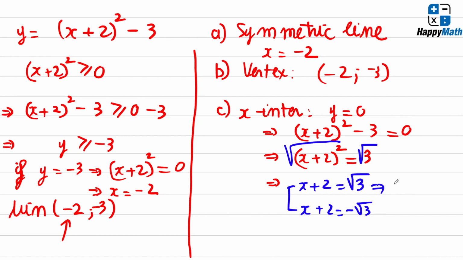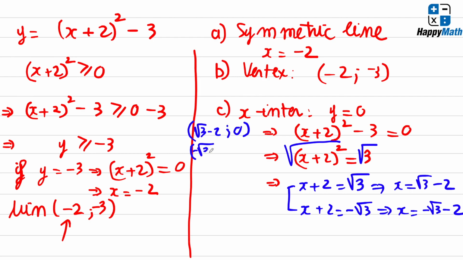So the first x-intercept you got is (-3, -2)... and the second is (negative square root 3, -2). Yes, you have two intercept points, two x-intercepts.